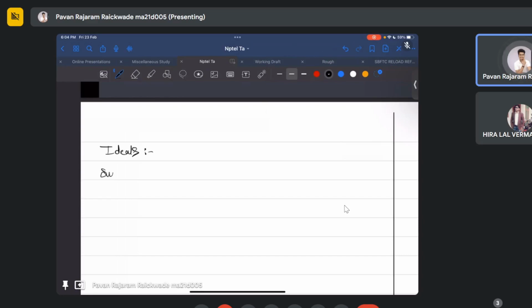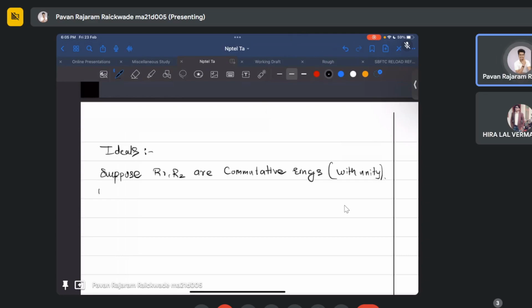Suppose you have rings R1, R2 that are commutative rings. There are two cases, maybe with unity or without unity. It doesn't matter.